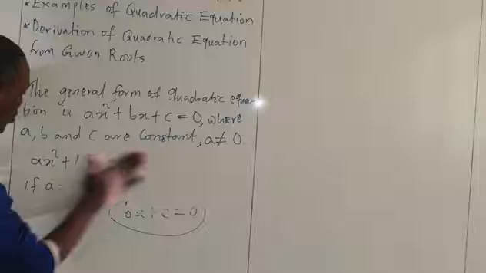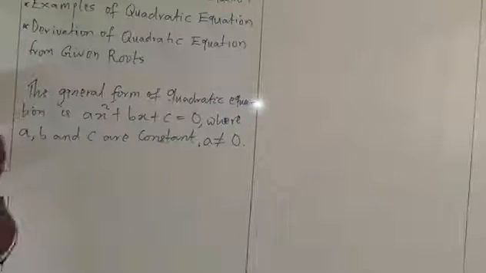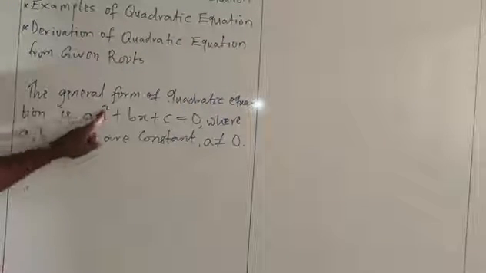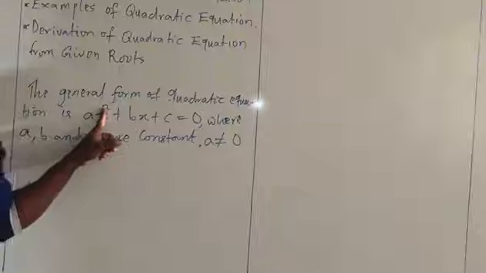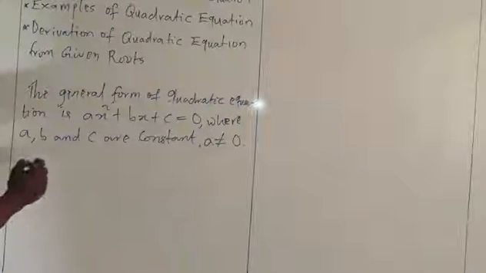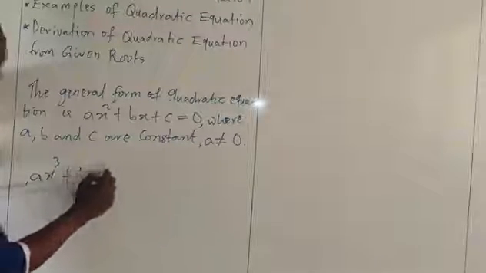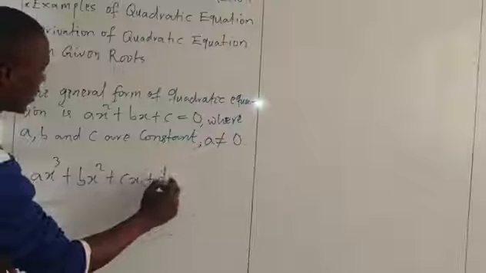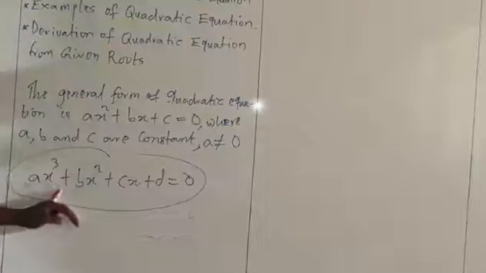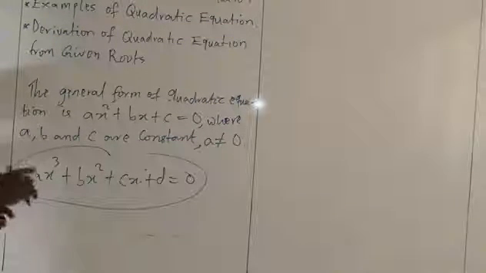So a, b, and c are constants. Under quadratic equation, we are going to have 2 answers because of the degree. The degree of the unknown tells us the number of answers we are going to have for that equation. Let's say you have an equation of degree 3 like a s raised to power 3 plus b s squared plus c s plus d equals 0. In this case, we are going to have 3 sets of answers because the highest power of the unknown is 3.